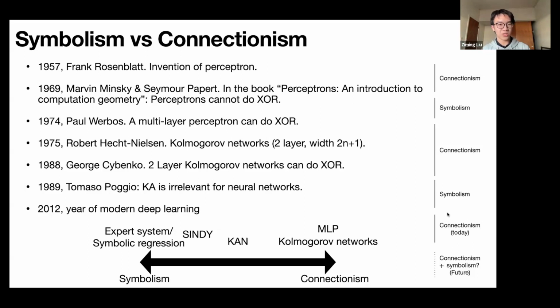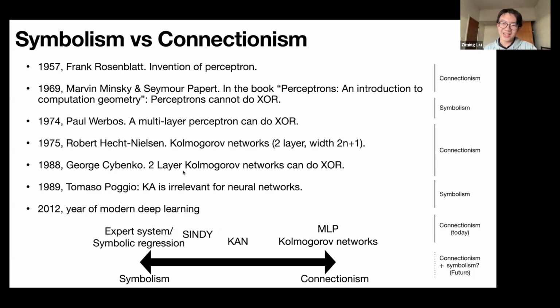And then George Cybenko in 1988 said that a two-layer Kolmogorov network can do XOR, which is good, which may give you the sense that you do not need deeper Kolmogorov networks to do the task, because a two-layer MLP cannot do XOR, a multi-layer MLP can do XOR, but a two-layer Kolmogorov network can already do XOR. So maybe you can just stop there. You do not need to advance further.